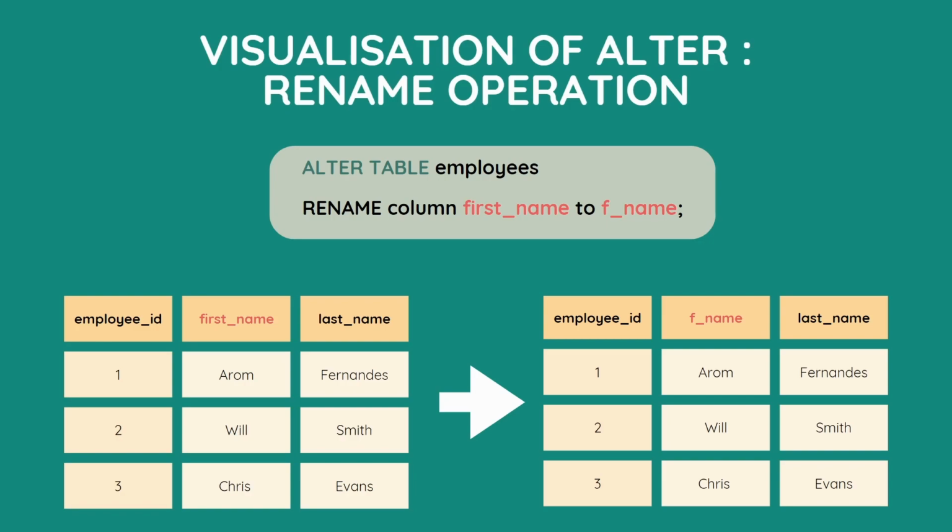Now, if you want to rename the first name column to just F name, how can we do it? Write alter table, the table name that is employees, rename, then the term column, first name, that is the column you want to change, to F name, the name that you want to give it, and then end it with a semicolon and execute it. And now you can see that in the resultant table, the first name column has been changed to F name.